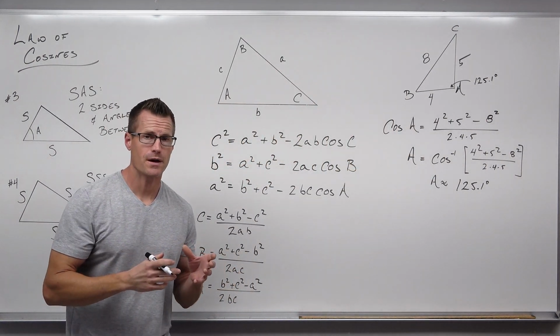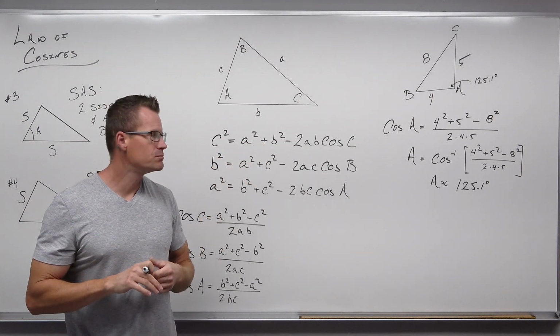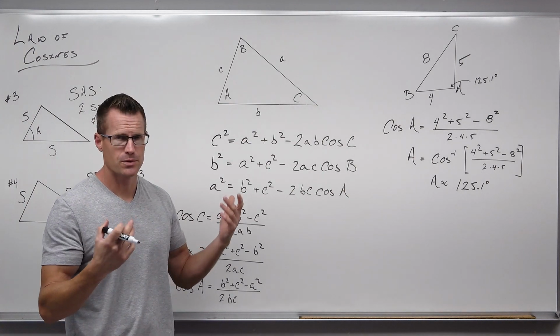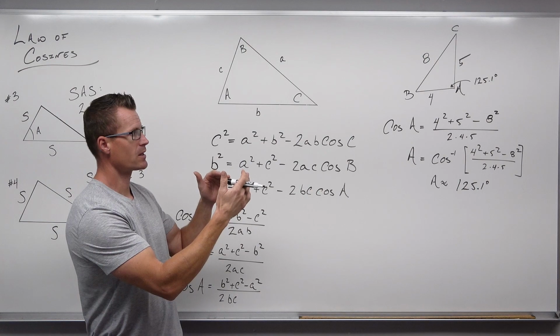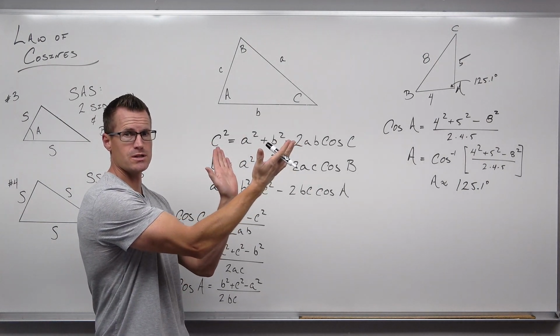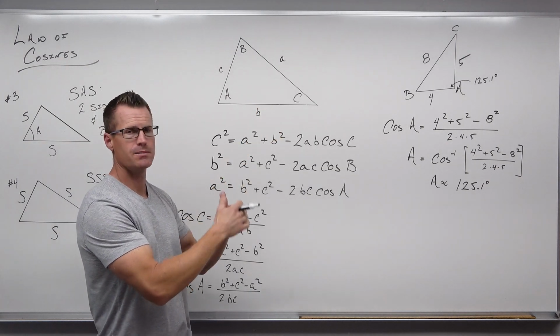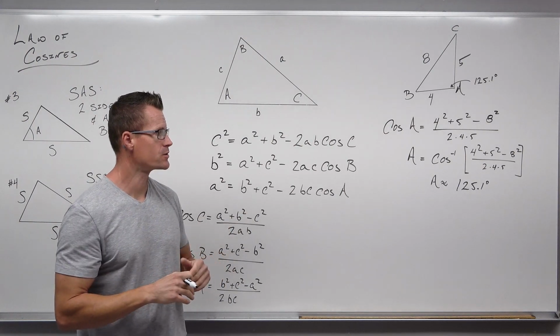Now, what about the other angles? So all we've done really is say, maybe not a right triangle, don't know, can't really use anything with it because I'm not sure. We know 3 sides with law of cosines, we're finding an angle, so great. Cosine of an angle equals add the squares of the adjacent sides, subtract the square of the opposite, divide by 2 times the product of the adjacent sides, and then take a cosine inverse. And we've done that. We got 125.1 degrees.